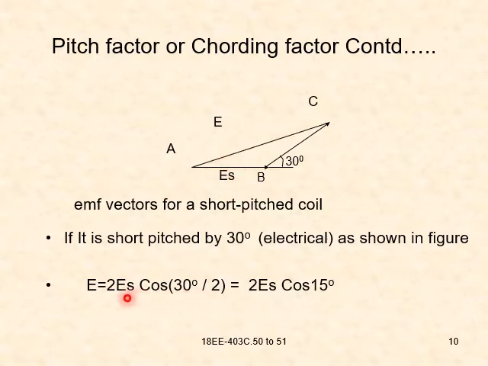E is equal to 2 ES cos 30 by 2. So that gives us 2 ES cos 15.